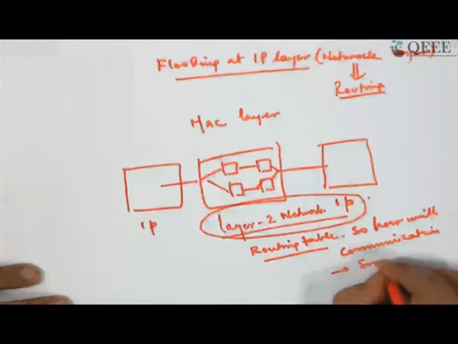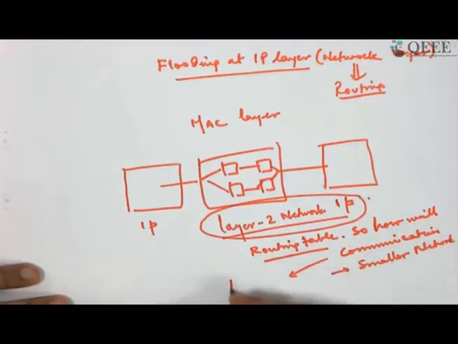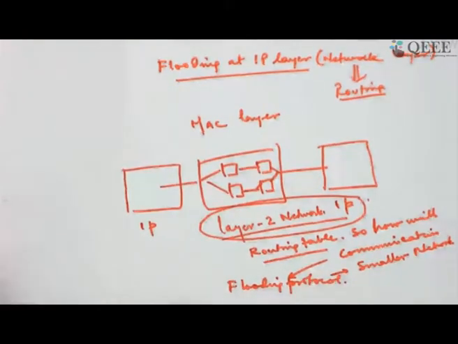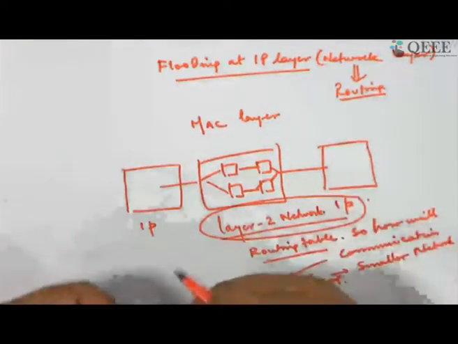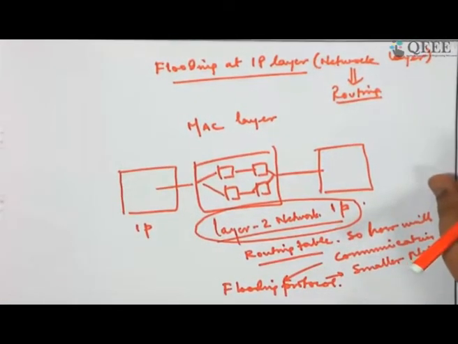This will not be an internet scale network, but how will communication go inside this network? It will go through the flooding protocol. So, flooding is widely used in the MAC layer instead of in the IP layer. At the IP layer we try to avoid flooding, we do broadcasting. I will talk about flooding and broadcasting in detail.